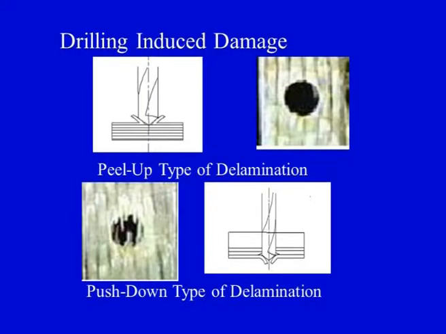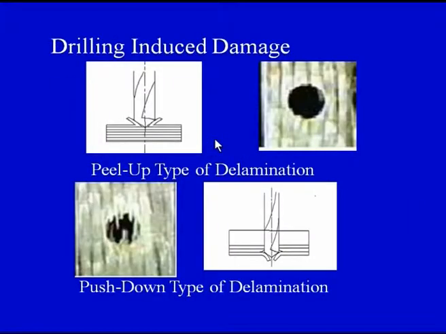Now, this particular diagram on your screen shows the drilling induced damage. Our focus is on the drilling operation in the polymer matrix composites. On your screen you can see this is the damage that is called peel up type of delamination. This terminology has been given by Professor H. Ho Chang, this peel up type of delamination, in one of his papers.